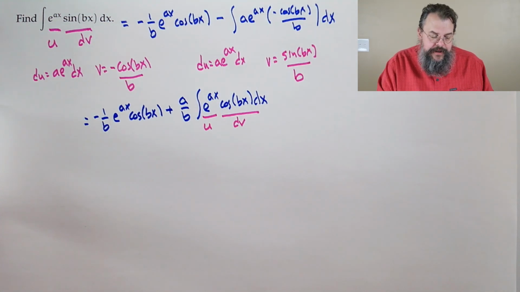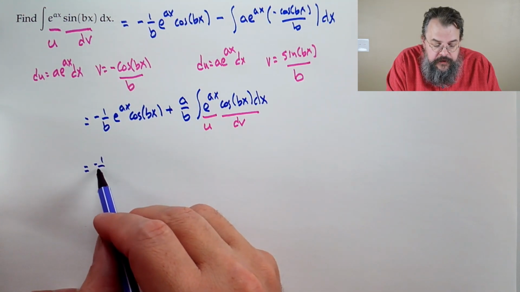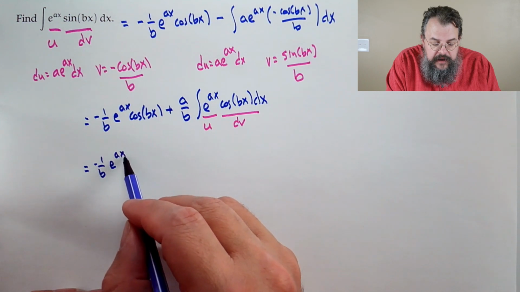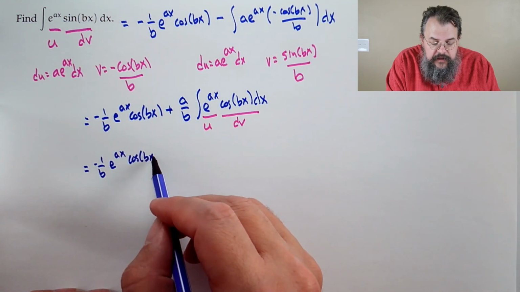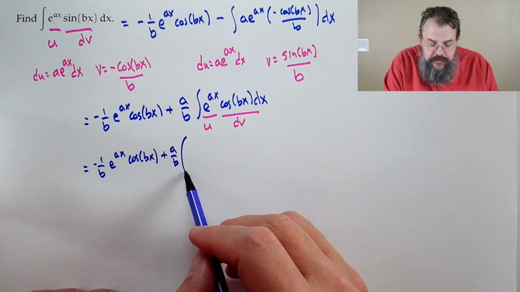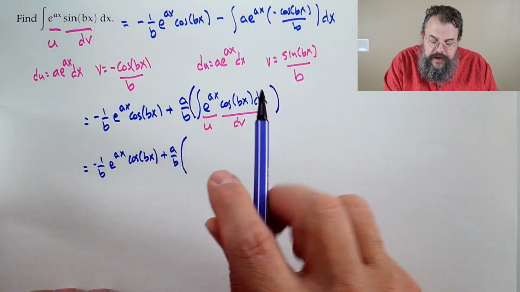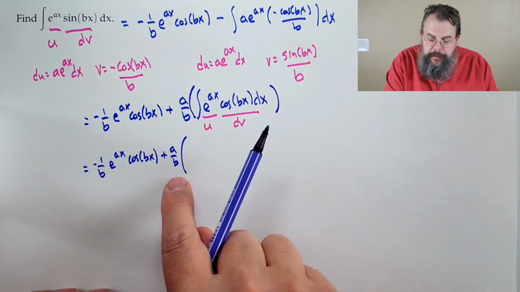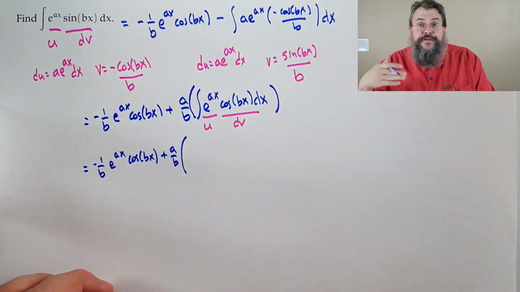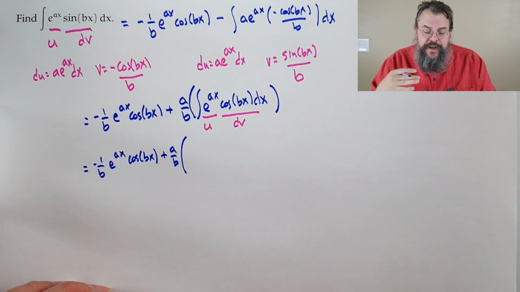Okay, so let's put this together. What do we have? Copying what we wrote down before, so we have a minus 1 over b e to the ax cosine of bx, and then a plus a over b times, I'm going to use parentheses here. So the parentheses, you can imagine I have parentheses here. So I'm going to remember that the a over b distributes through. I got to be careful. This would be a place where you might potentially lose a constant if you weren't paying attention. But we're going to pay attention because we're not going to lose anything.